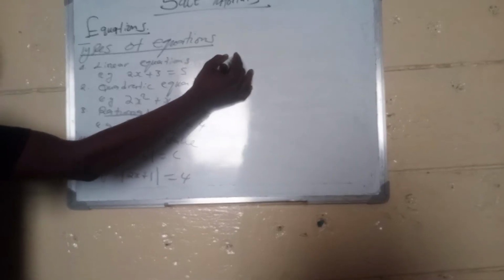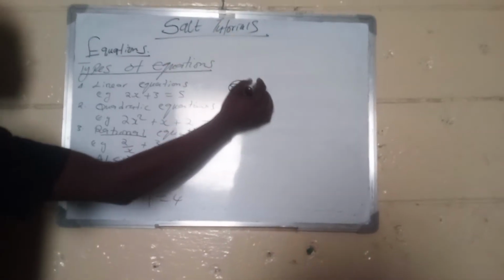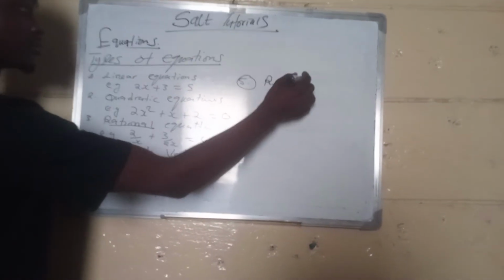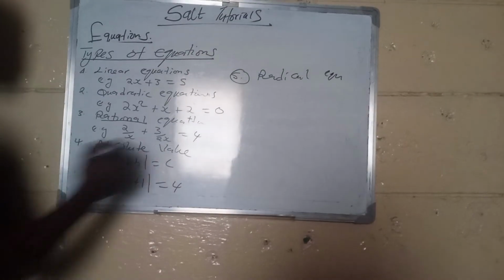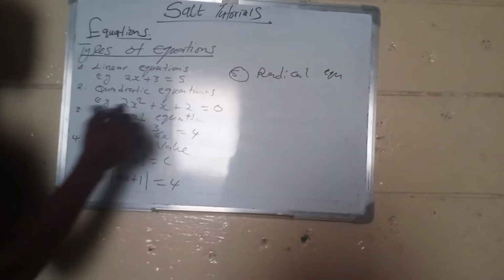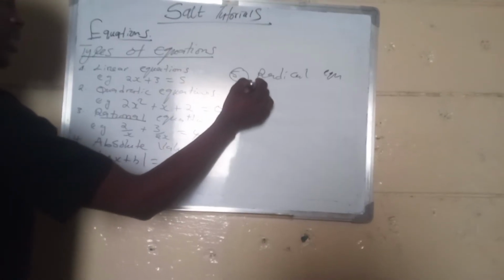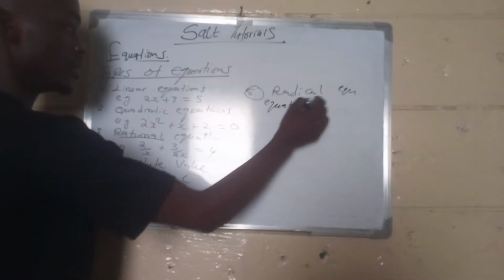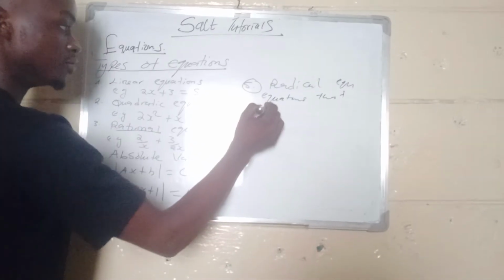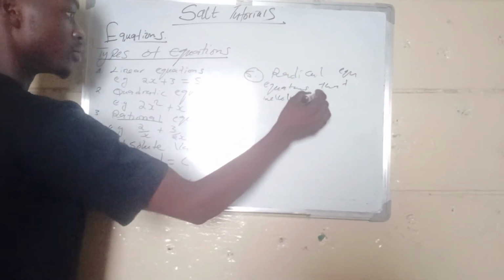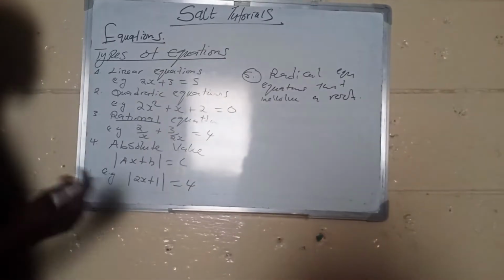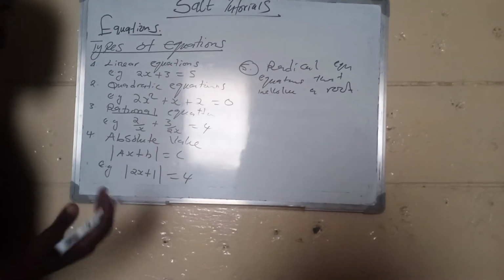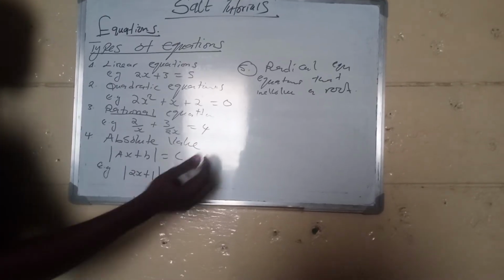The other thing we'll be talking about is radical equations. Under radical equations, we'll be looking at emphasis on the roots. So these are equations that involve a root. I'm sure you know about different kinds of roots: square roots, cube roots, fourth roots, and the like.